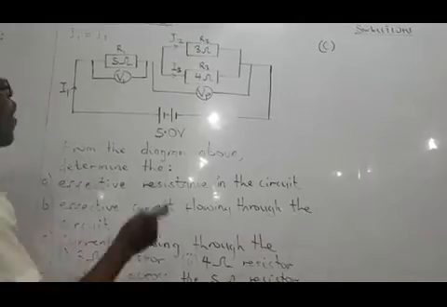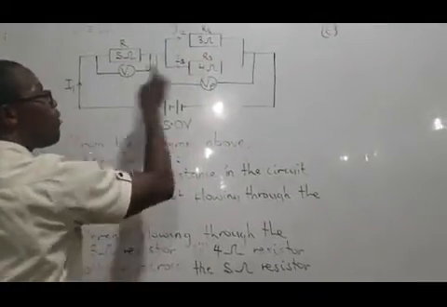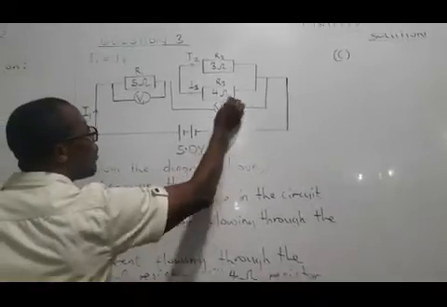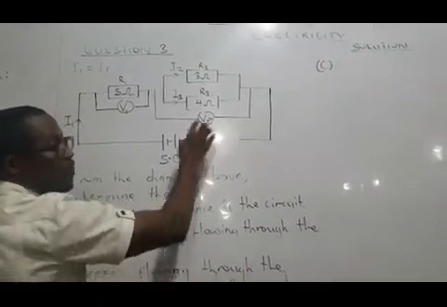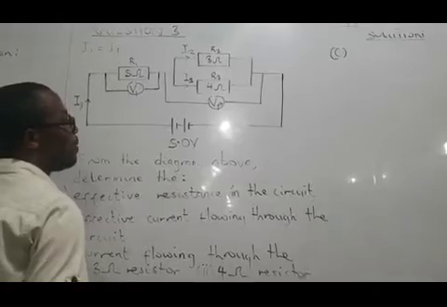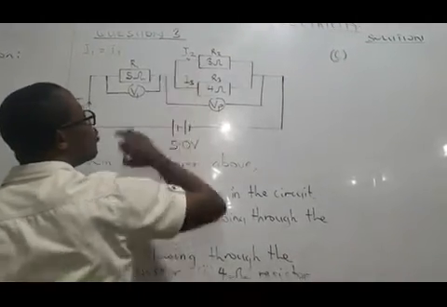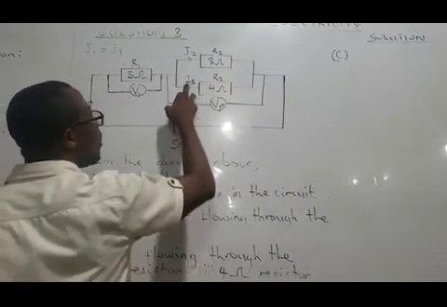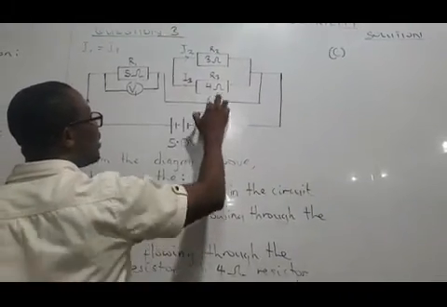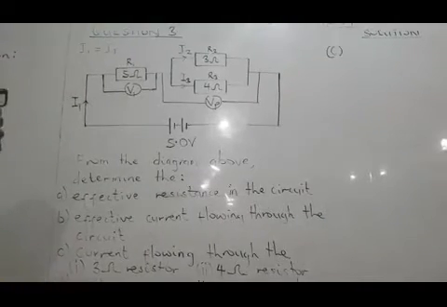Okay, so for us to find the current flowing through the 3 ohm and the 4 ohm resistors, we need to find the voltage across that parallel connection, which is Vp. So you look for the Vp. And after getting the Vp, if you want I2, you just divide the Vp by R2. Also, if you want I3, you divide Vp by R3, and that gives you the respective current.